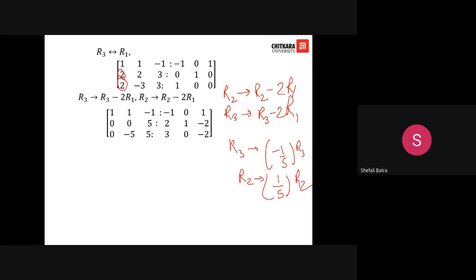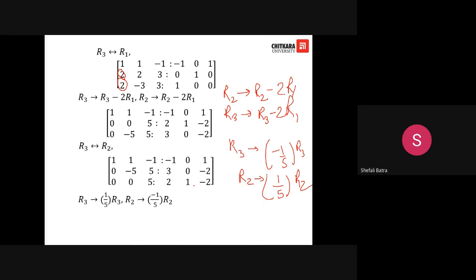Or if you want to interchange first and then multiply, you can do it. So here we have interchanged first. So let us interchange, and then apply this. Now we will multiply R2 with minus 1 by 5 and R3 with 1 by 5. So ultimately you are at this step.